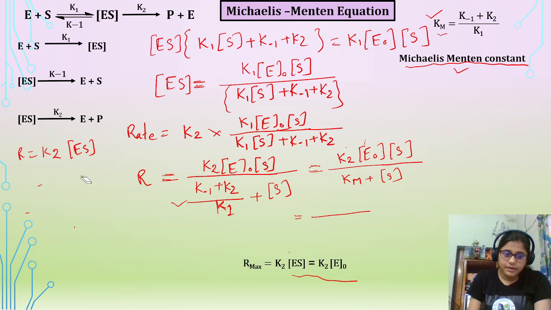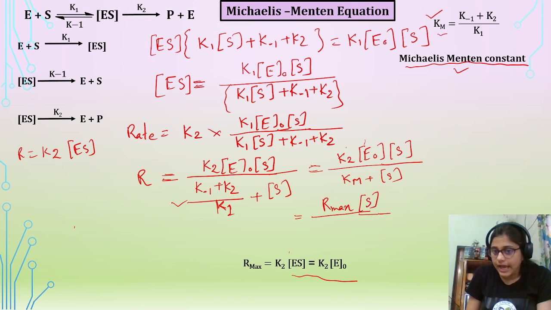That's why I am deriving this equation, which is taking much time, but I am putting that effort for you only. Okay. So K2 E0 term is there. We can write here R max into S over Km plus S.